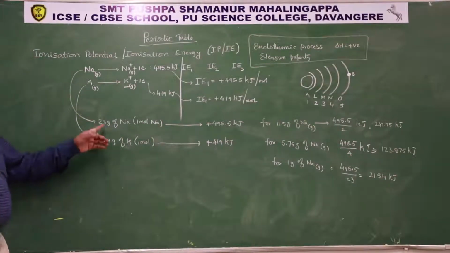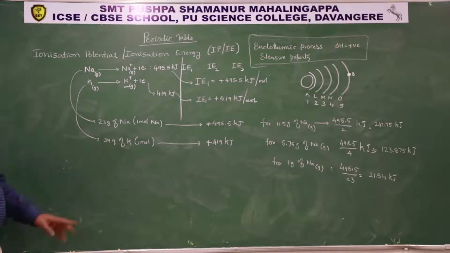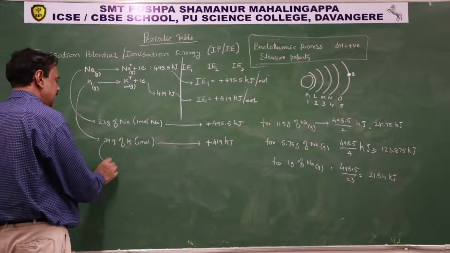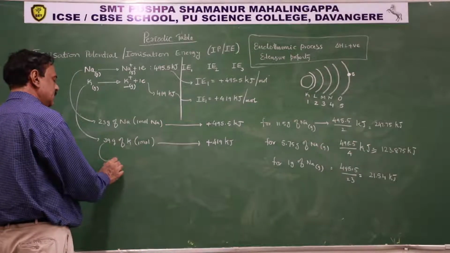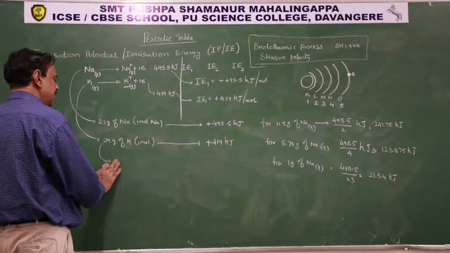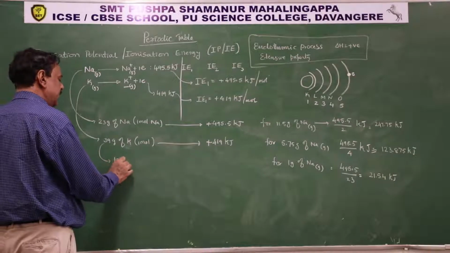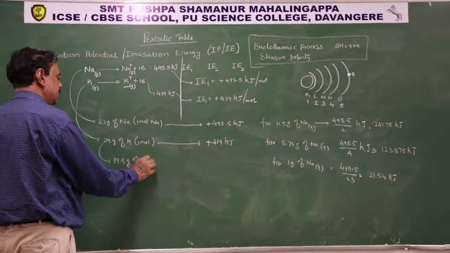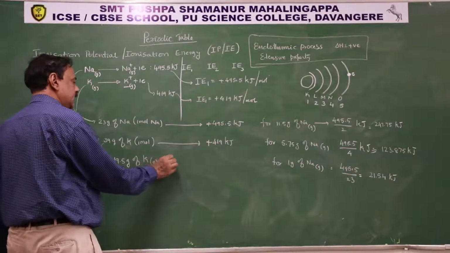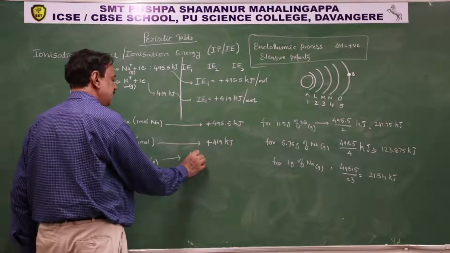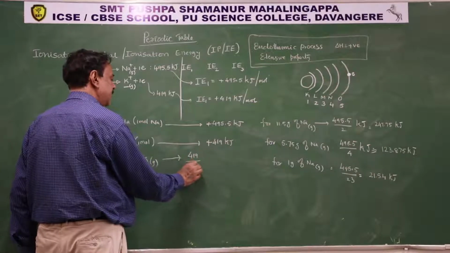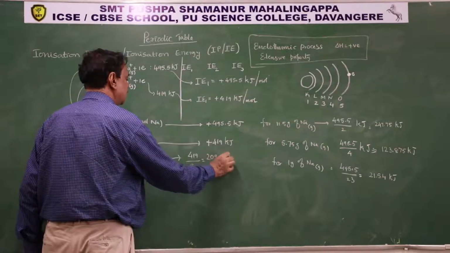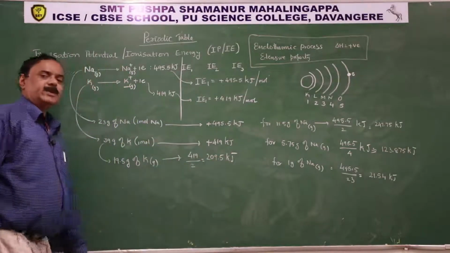Now, in your entrance exam, they may give this 39 gram. Therefore, they may give the various quantities. Half of this value means that is 19.5 gram. For 19.5 gram of potassium in the vapor phase, the amount of energy required is 419 divided by 2, that is equal to 209.5 kilojoules.